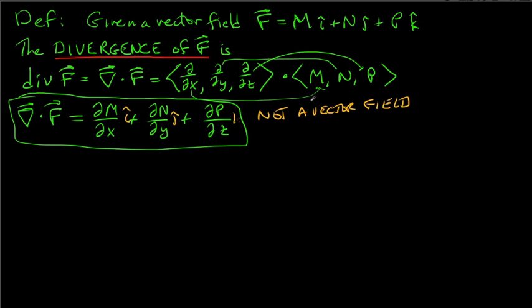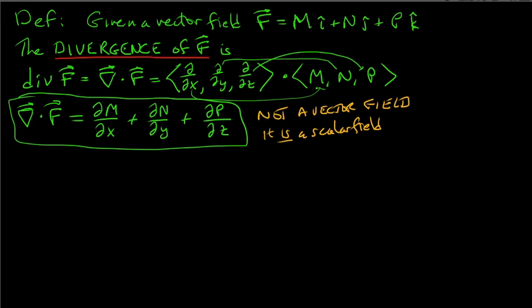It is a scalar field. It's some function of x, y, and z. But I'm not going to write it that way, because you might just assume that that's the potential function, and it's not. The divergence has nothing to do with the potential function.